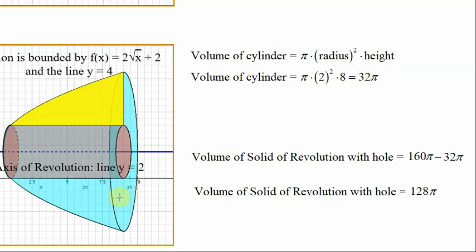And so the volume of the solid with the hole will be 160 pi minus 32 pi, which is 128 pi. And that's the volume of the solid with the hole. And that's the end of the video.